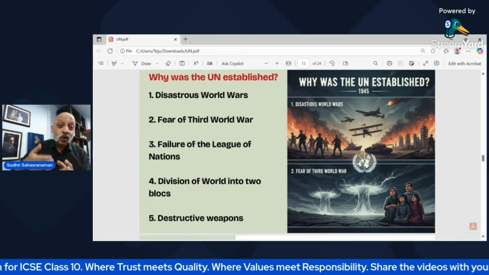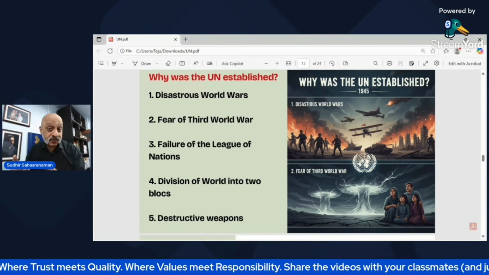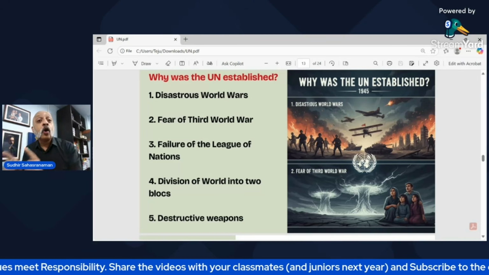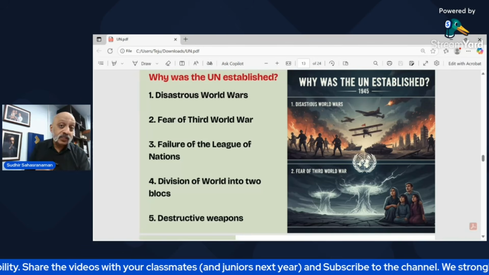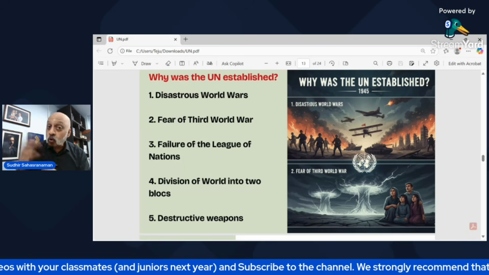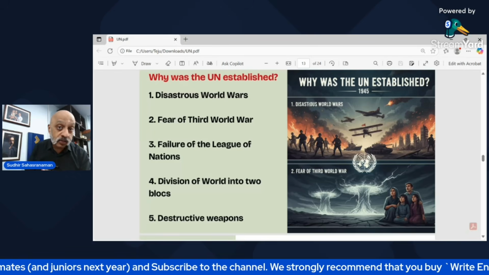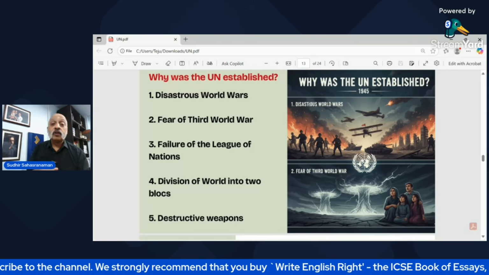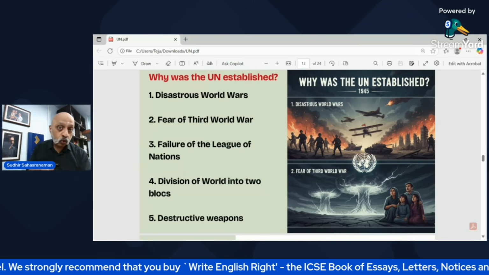Though now, when you look at it in 2025, that is 80 years later, you realize that the UN also is probably not doing its job to the best of its ability, right? Because there are so many battles and wars being fought across the world today, and the UN is proving to be rather ineffective in preventing those wars.